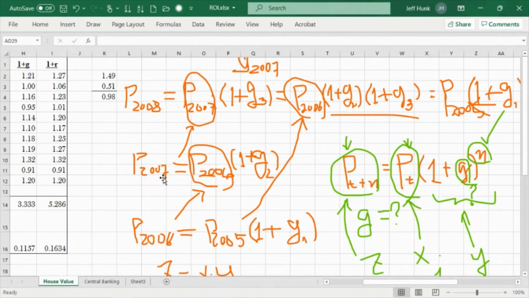And then the 2008 price is the 2007 price times 1 plus growth rate in year 3.